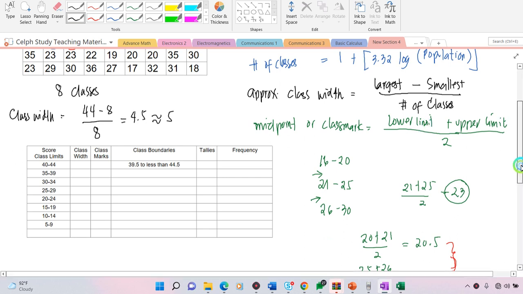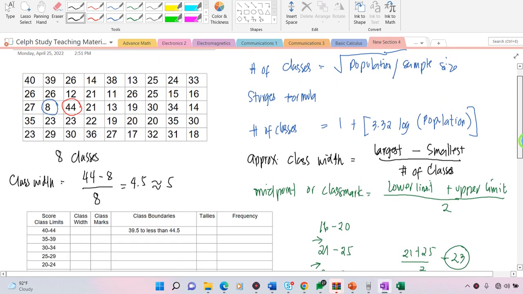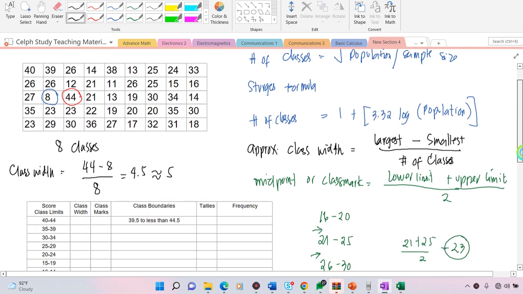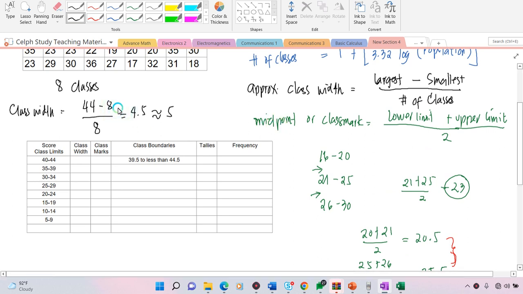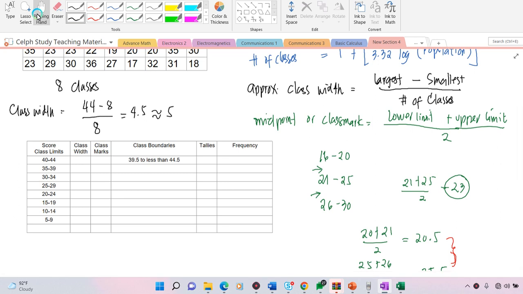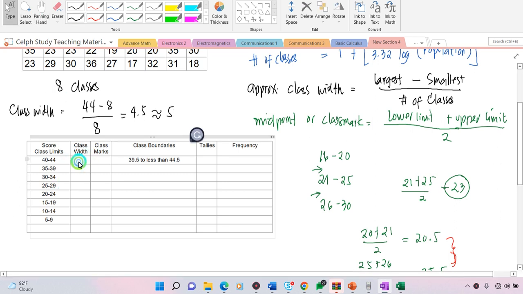If you would like to review and construct it yourselves, that is good. But I already have the data showing the totals for the specific class width.